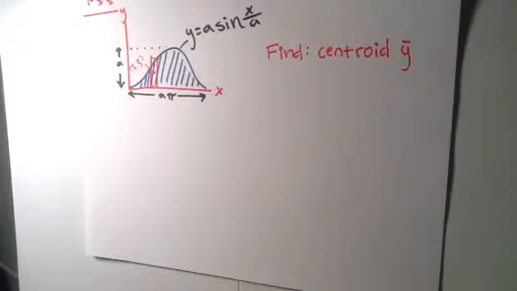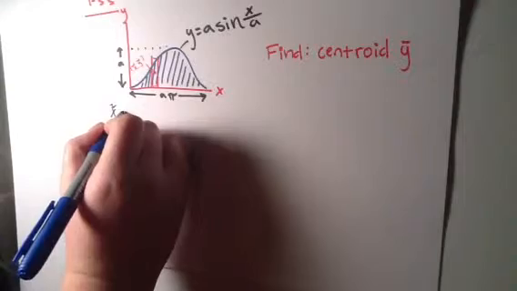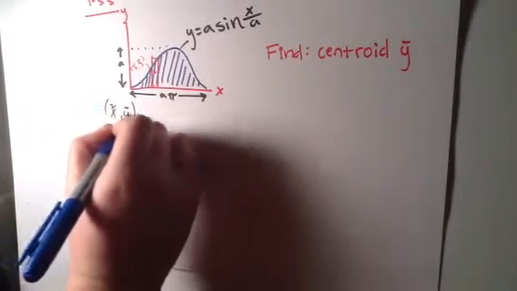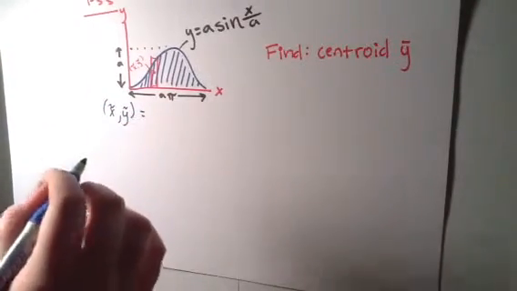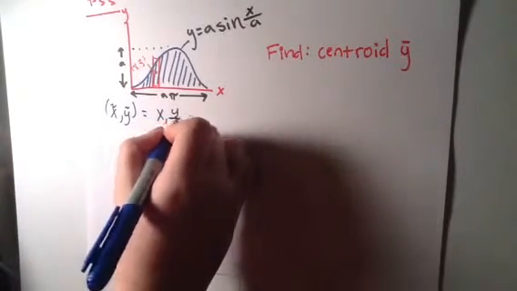Next to it I have the centroid's location is called x squiggle, comma y squiggle. And that is actually x squiggle, comma y squiggle equals x, comma y over 2.